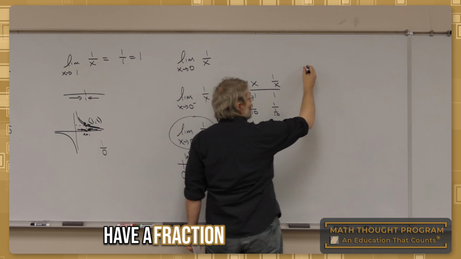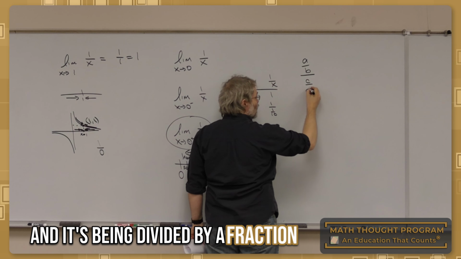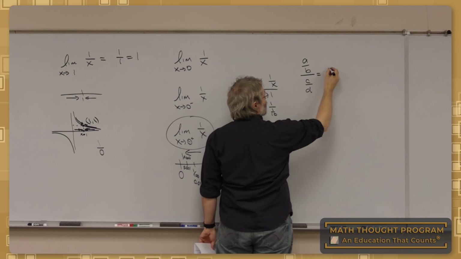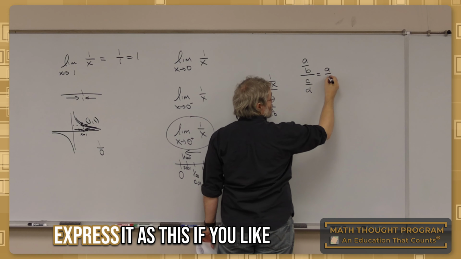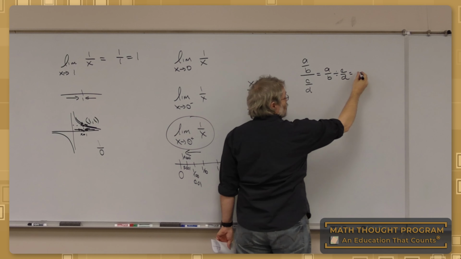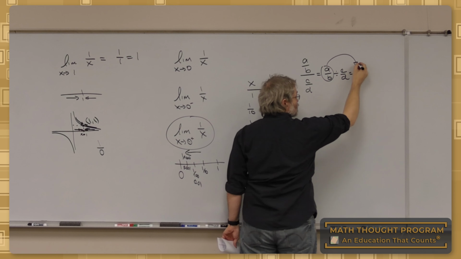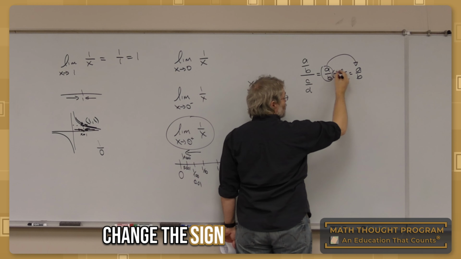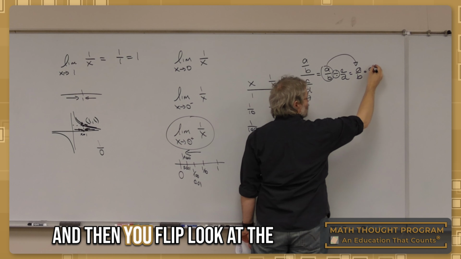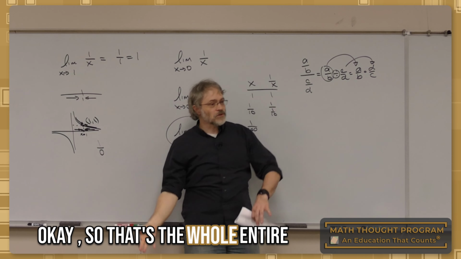Where if you have a fraction and it's being divided by a fraction, you can express it as this if you like, but you keep the first fraction in place, change the sign, and then you flip, look at the reciprocal. Okay, so that's the whole entire rule.